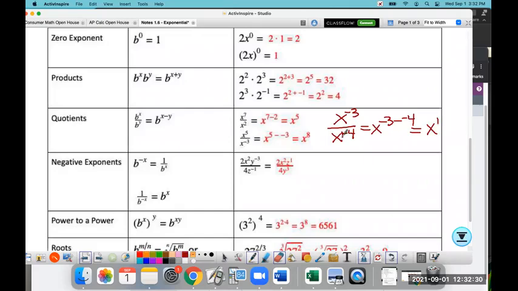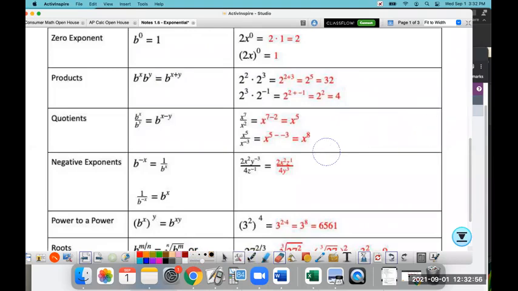And even if that was a positive 4, that would be -7. So no matter what, you're just going to subtract those powers and the x ends up in its numerator spot. You can deal with the negative power later, but just to get started, you subtract your powers.